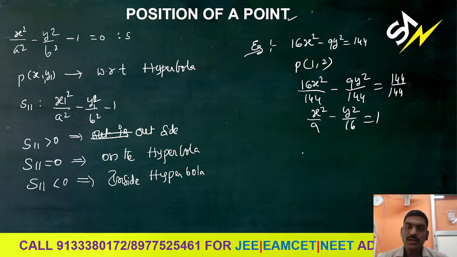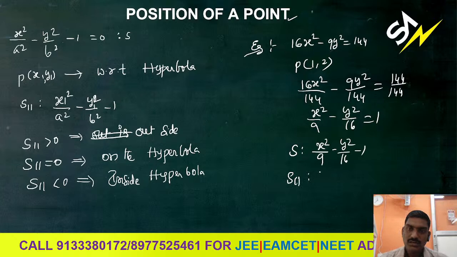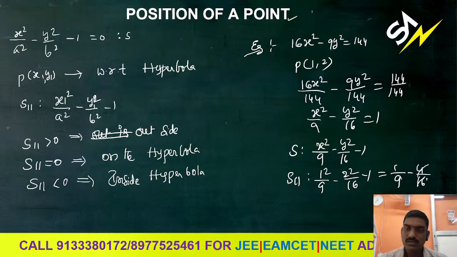Now what is S here? S is x square over 9 minus y square over 16 minus 1. Then S11 is 1 square divided by 9 minus 2 square divided by 16 minus 1. Simplifying, 1 by 9 minus 4 by 16, so 1 by 9 minus 1 by 4 minus 1.